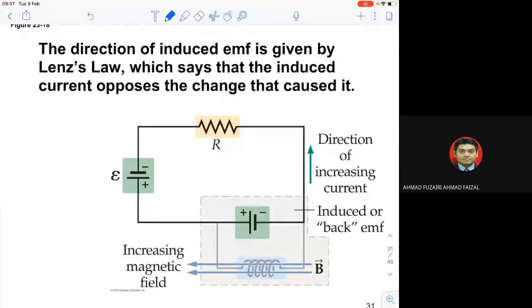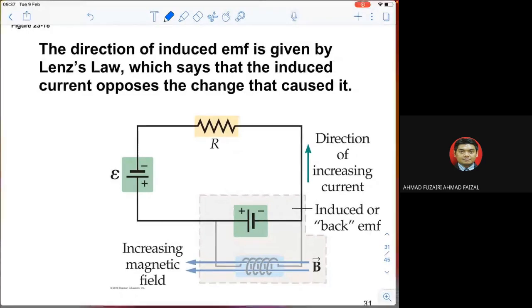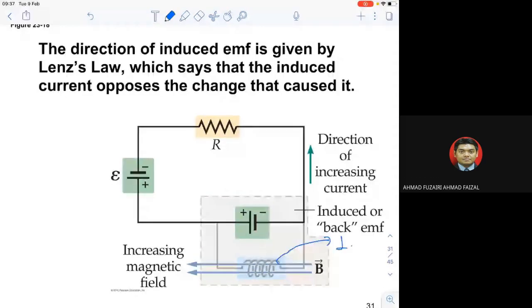Look here, now we have EMF, we have R, and we have L, the inductance. Before this we had R and a capacitor, now we have L, an inductor. What is the purpose of inductors? To get the magnetic field inside the particular circuit.